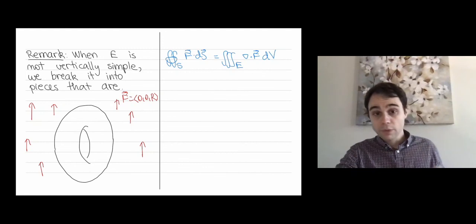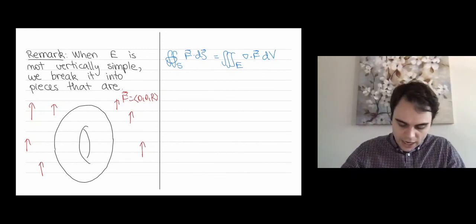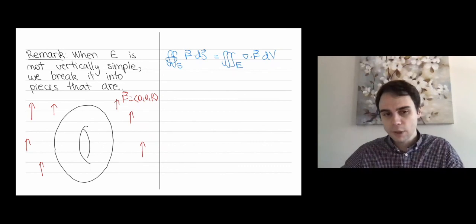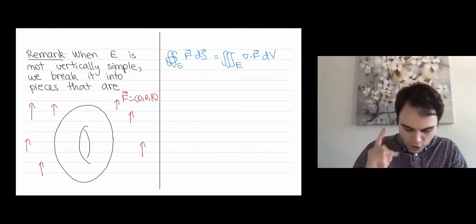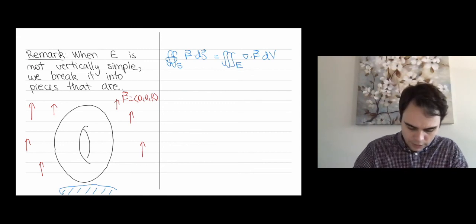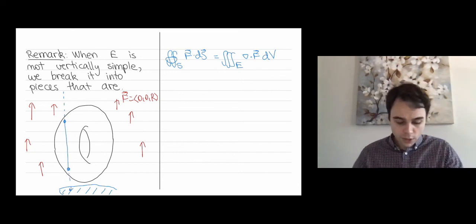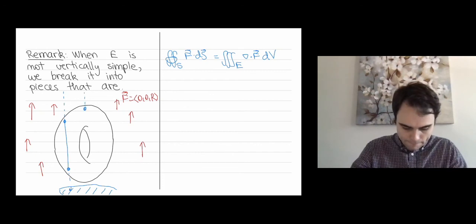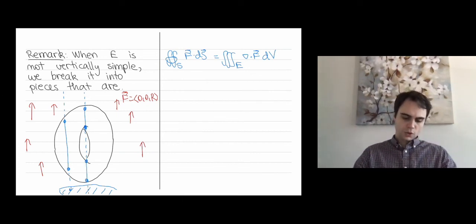So we already know from the discussion we just had that if my region is vertically simple, I'm in good shape. So this region is not vertically simple, mind you. So if I look at the projection onto the xy plane, and I pick a point there and then draw a vertical line, for some points I get a single line segment, which is good, but for other points I get 2 line segments, so this region fails the vertical line test, right?